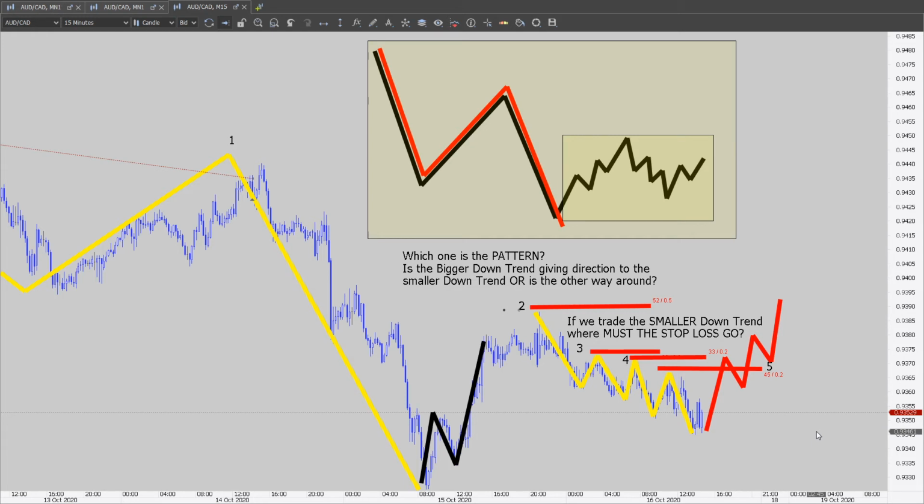What pattern? Well, here is the question. Which one is the pattern? Is the bigger downtrend giving direction to the smaller downtrend, or is it the other way around? And this is called spatial intelligence, how to understand the market, how the market is. No, the pattern didn't change, right? So are those stop loss levels good or bad?